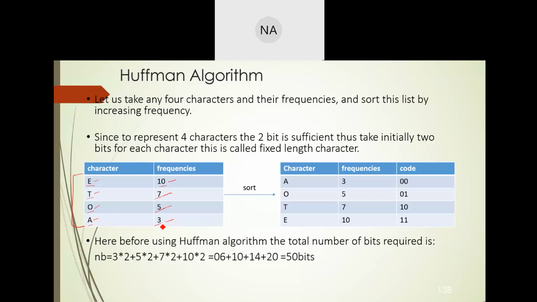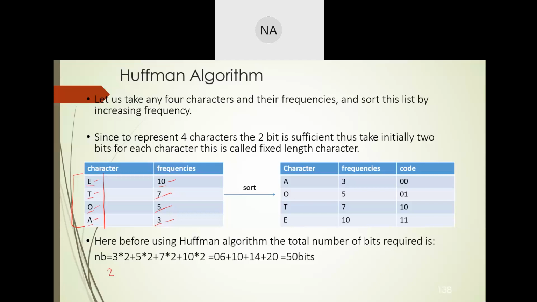Now, since there are 4 characters, how many bits will be required? Because you have to transmit it over the network. So first, these message characters will be converted into binary, into bits of ones and zeros, right? So you must code them in binary. There are 4 characters. The most obvious choice is to use 2 bits for each character.